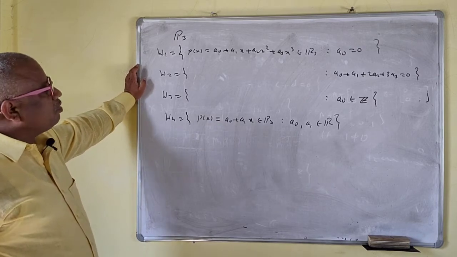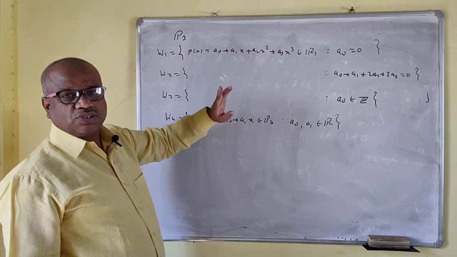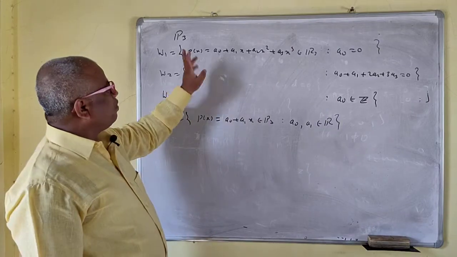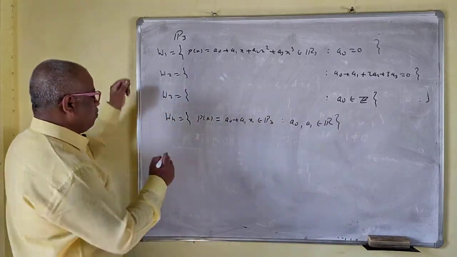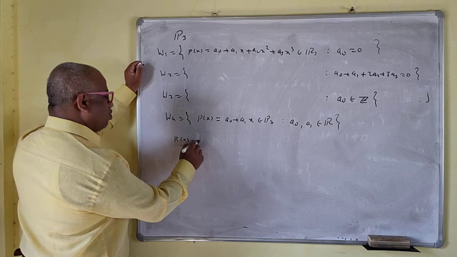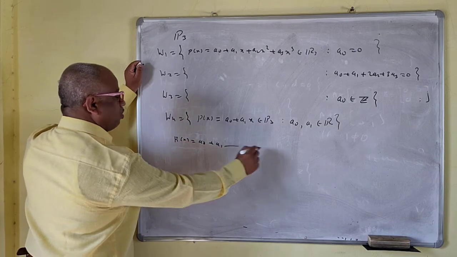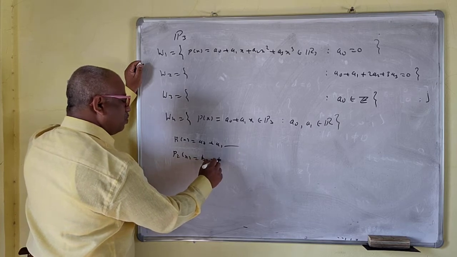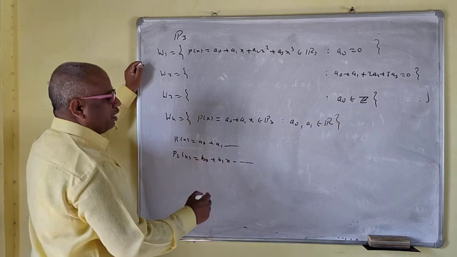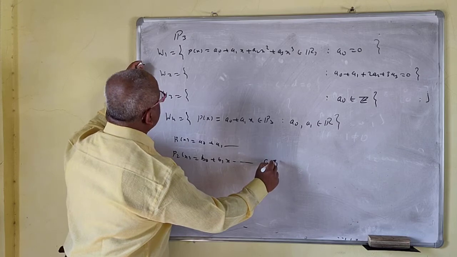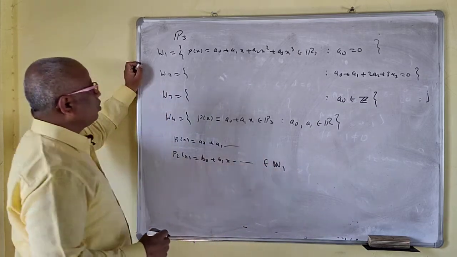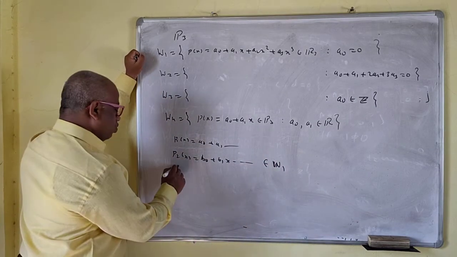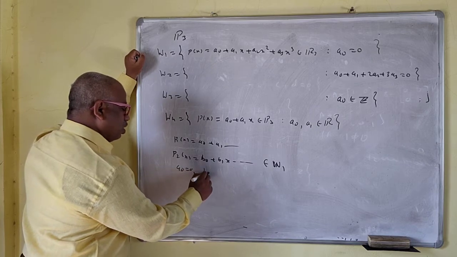If you take the sum, your a0 is 0, b0 is 0, so a0 plus b0 is 0. P1 of x is a0 plus a1x, and P2 of x is equal to b0 plus b1x or something like this. Both are in W1, so a0 is equal to 0 and b0 is equal to 0.